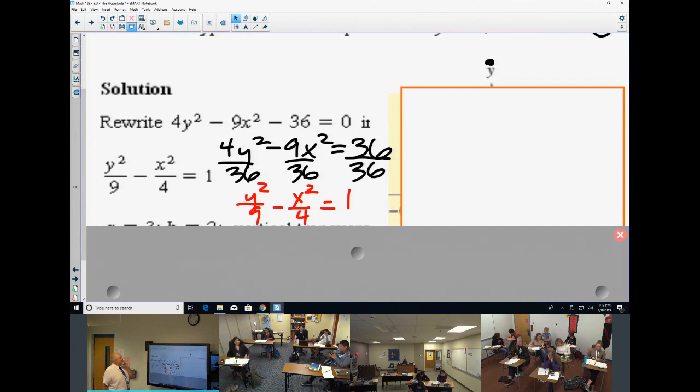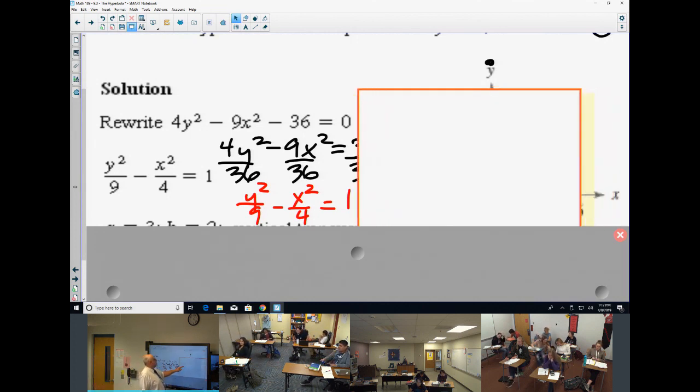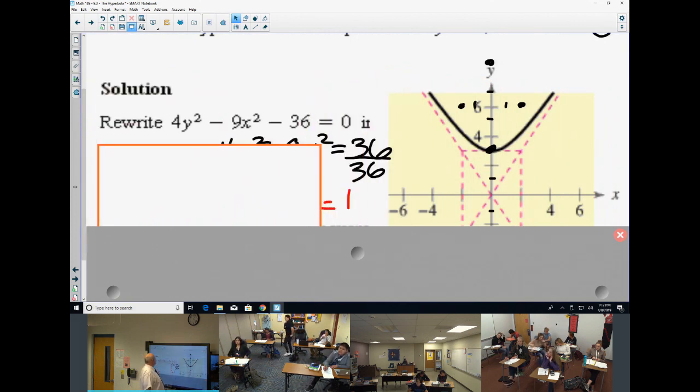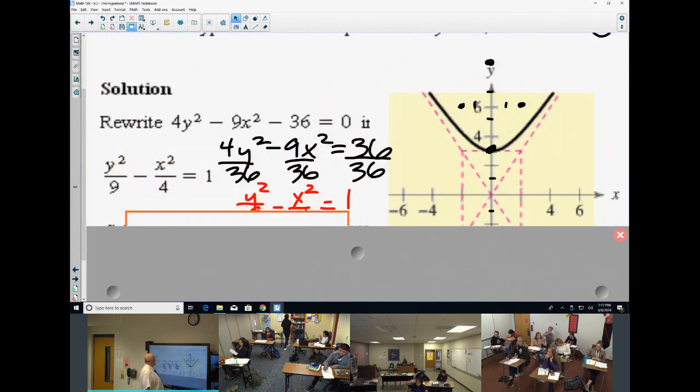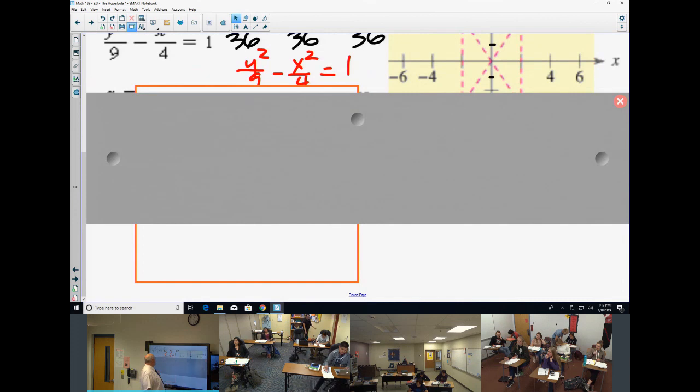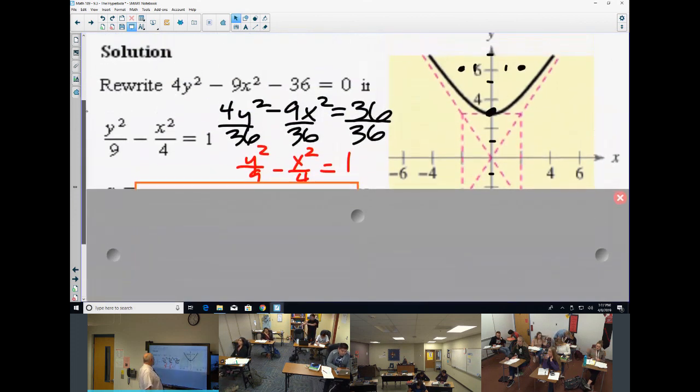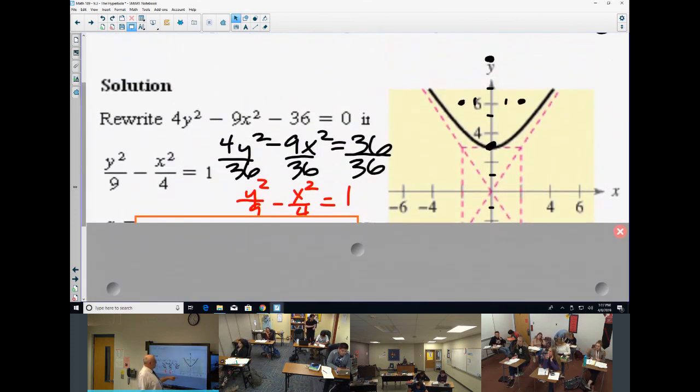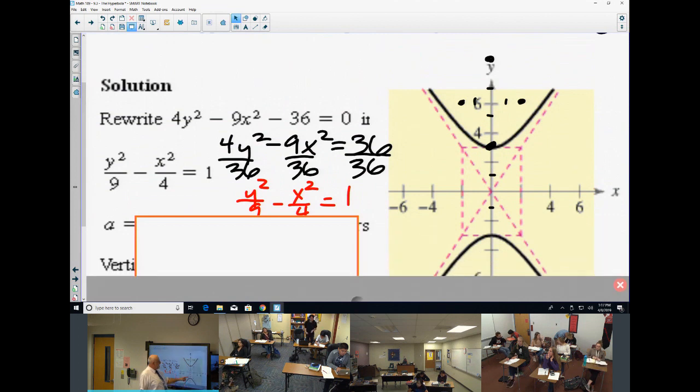All right. So let's just kind of show this one. This one's a little different because the y squared comes first, so it's going to open up and down. The center is still at 0, 0. In the y direction, you go up and down 3.